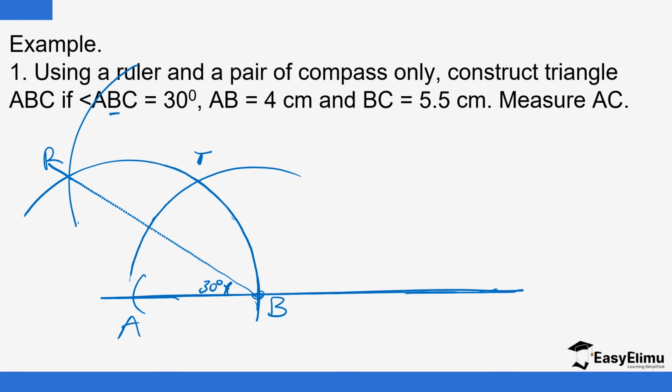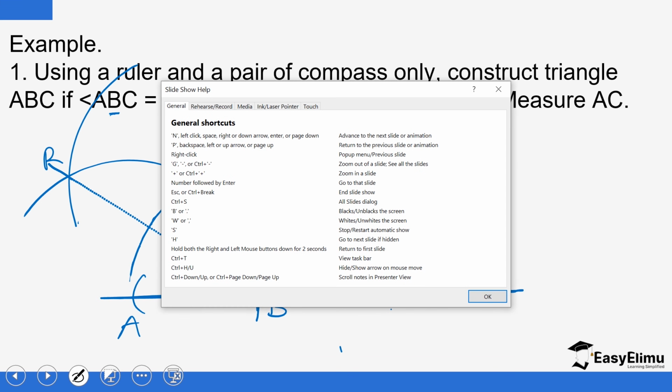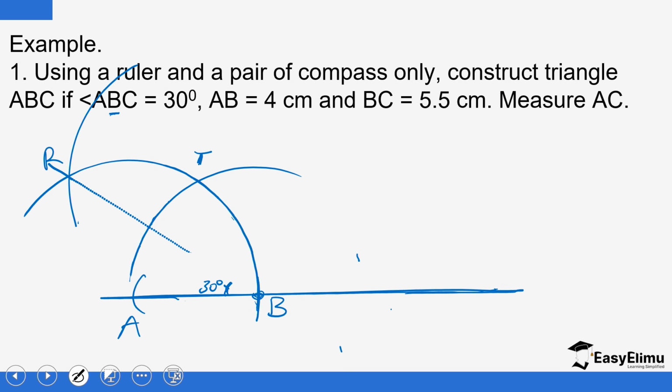And then the other line BC. B to C is 5.5, so I measure 5.5.